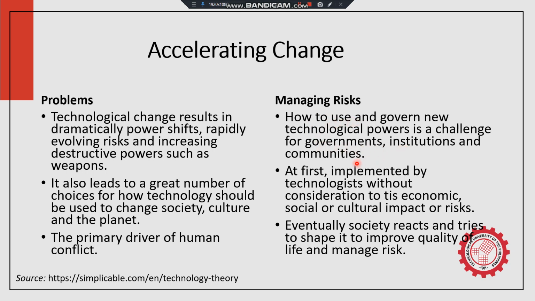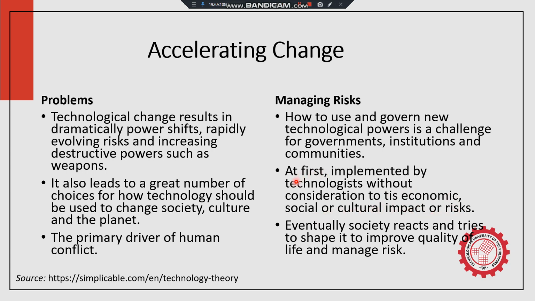At first, the technology is implemented by technologists without consideration of its economic, social, or cultural impact or risk.